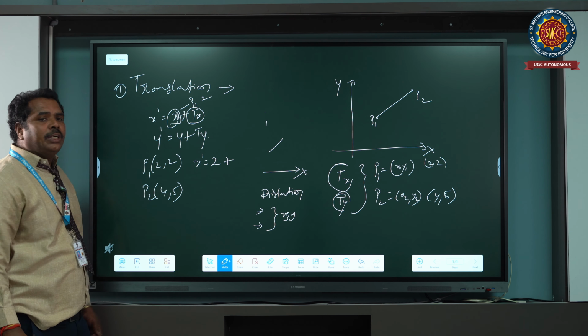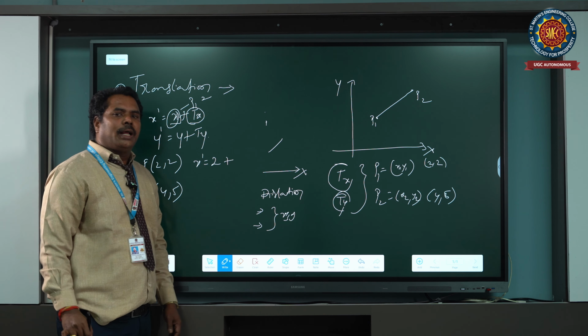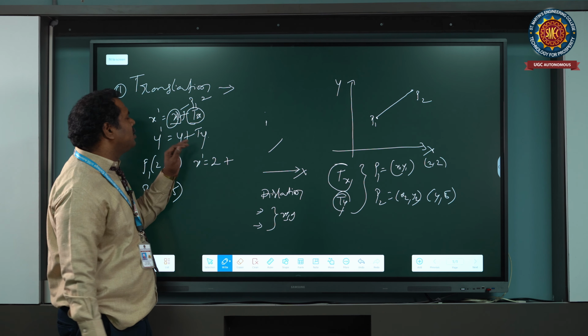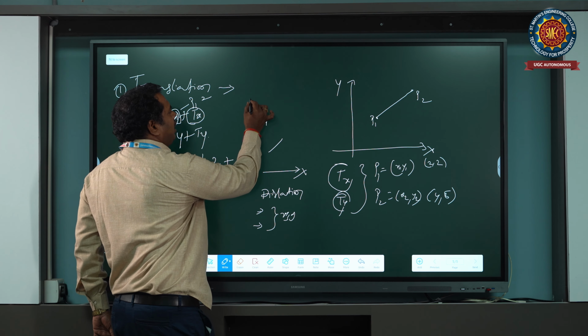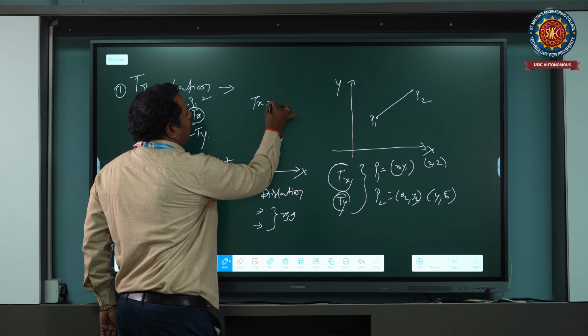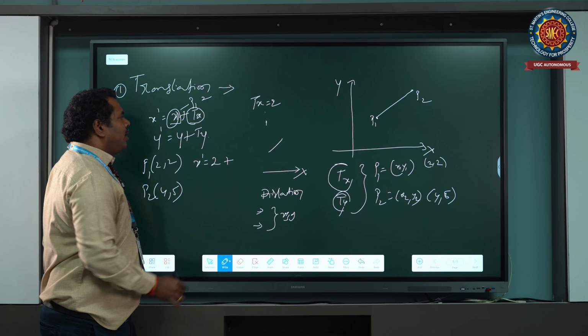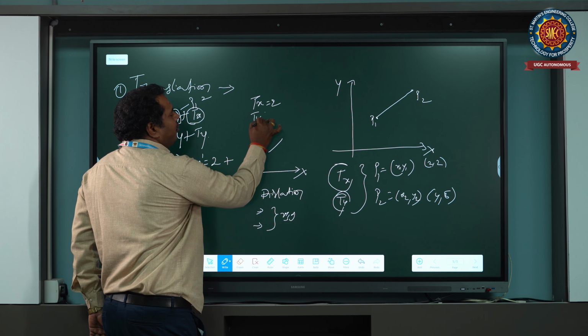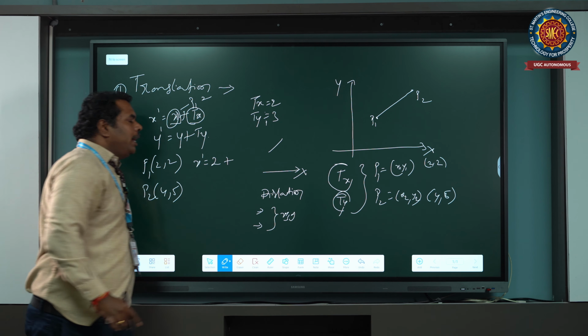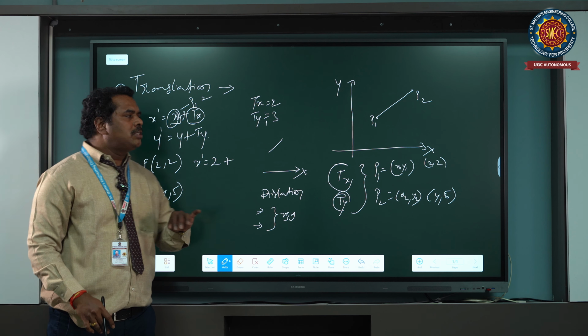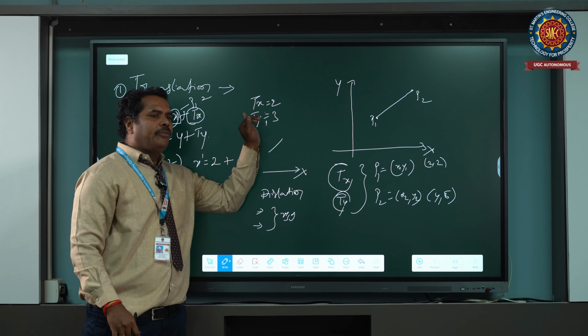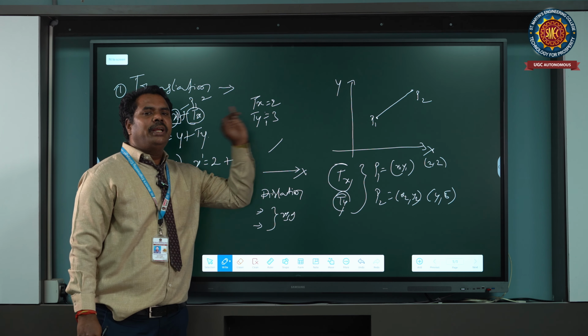Tx is the value of the translation distance, the distance we are transferring the object in the x direction. For example, I will give a Tx value equal to 2 and a Ty value equal to 3. It means the object is moving in the x direction 2 units and in the y direction 3 units.